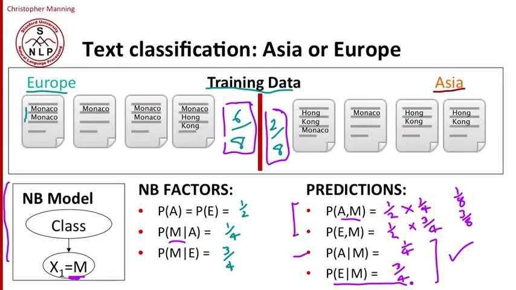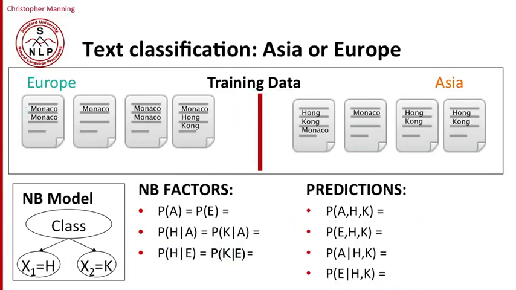But now let's look at another example. We have exactly the same training data, so the prior probability of each class is a half, but this time we're going to be working with documents with Hong and Kong in them. The probability of a word being Hong, given it's about Asia, is 3 out of 8, and the probability of Kong given Asia is again 3 out of 8.